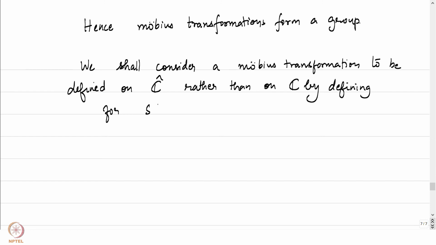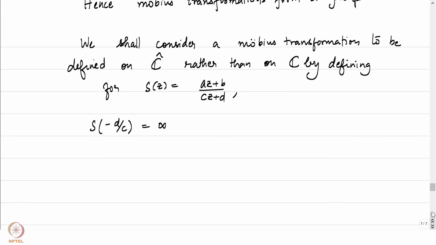For S of Z equal to AZ plus B by CZ plus D, S of minus D by C, we will define it to be the point at infinity, which we have attached to the complex plane to obtain the extended complex plane.